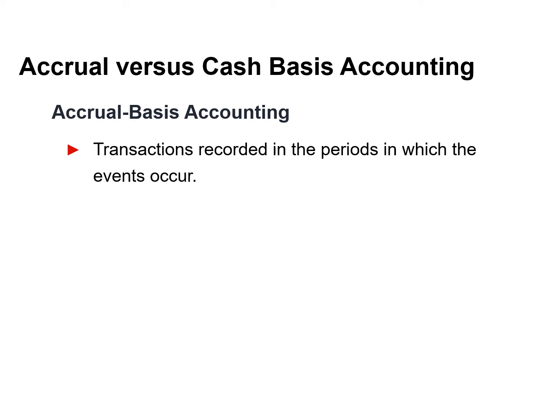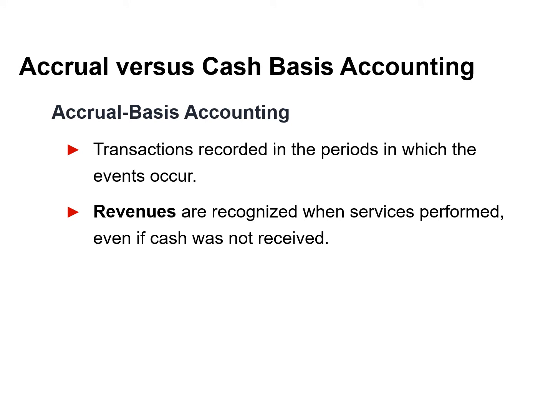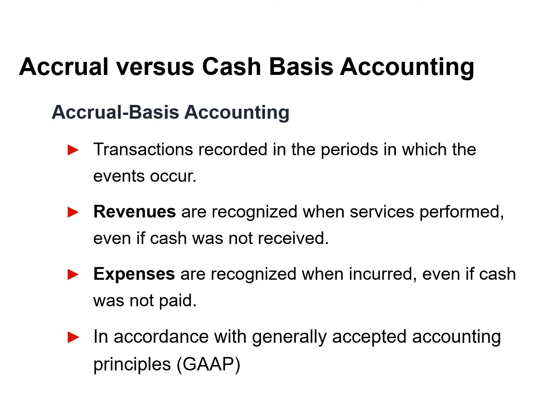For example, using the accrual basis means that companies recognize revenue when they perform the service, even if cash was not received. Likewise, under the accrual basis, companies recognize expenses when incurred, even if cash was not paid. And again, when we are using the accrual basis, we are in accordance with GAAP.